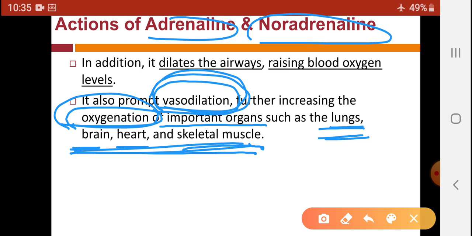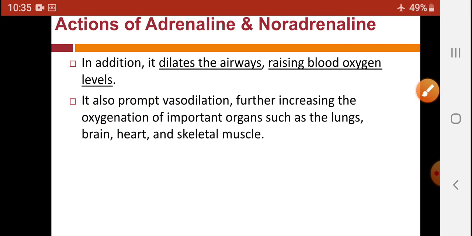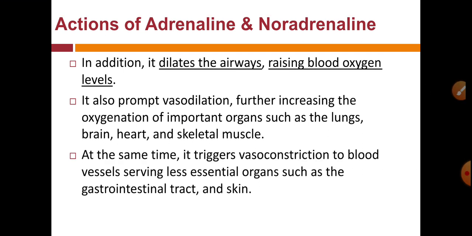This is the most important action of adrenaline and noradrenaline, because they are responsible for vasodilatation as well as dilatation of airways. Both these actions combined increase our blood oxygen level and the supply of more oxygen to important organs such as lungs, brain, heart and skeletal muscle.